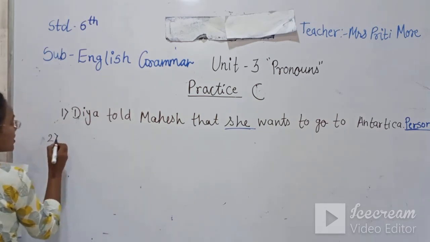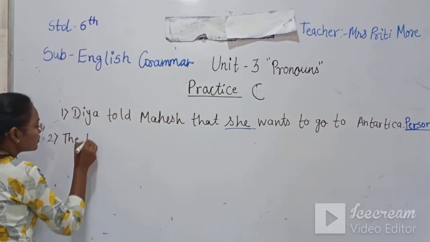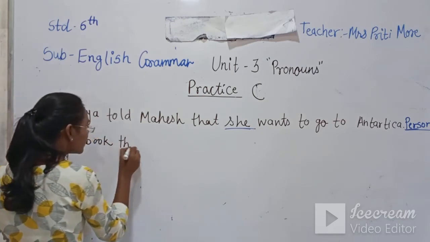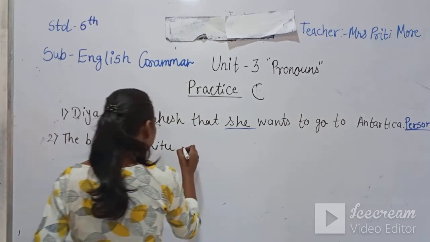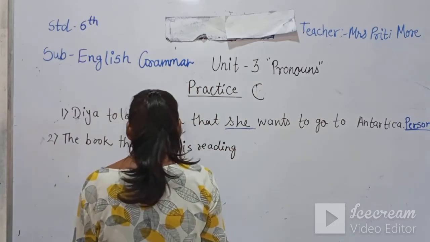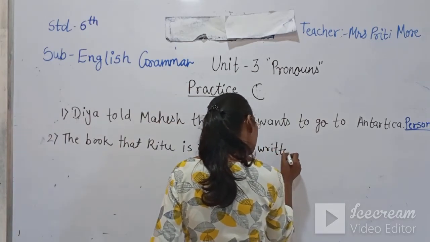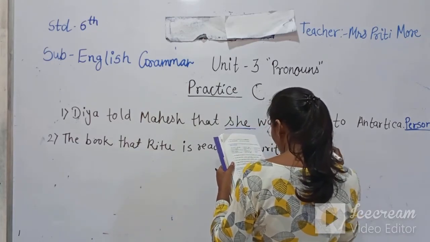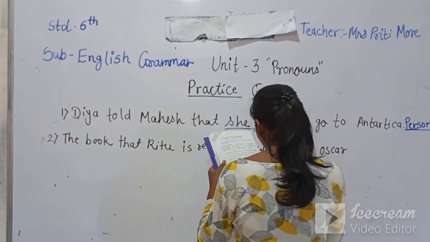Now the second sentence is: the book that Ritu is reading is written by Oscar Wilde.